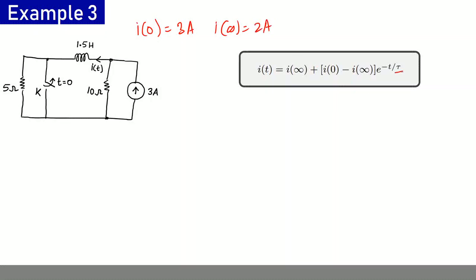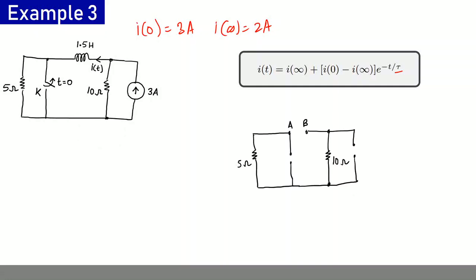Now we are required to calculate this time constant tau. Once again, to calculate tau, we will draw the Thevenin's equivalent for time t greater than 0. So what I have done here is this switch K was turned off, so I have shown it as off. I have assumed the load terminals to be AB, and I have removed this inductance from this circuit.